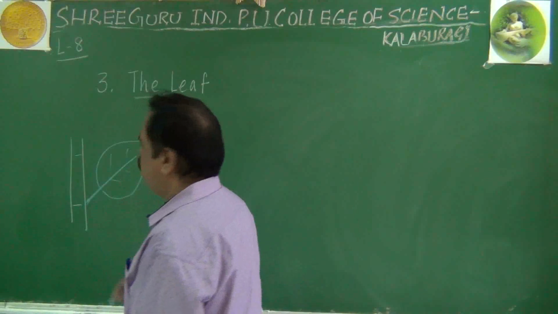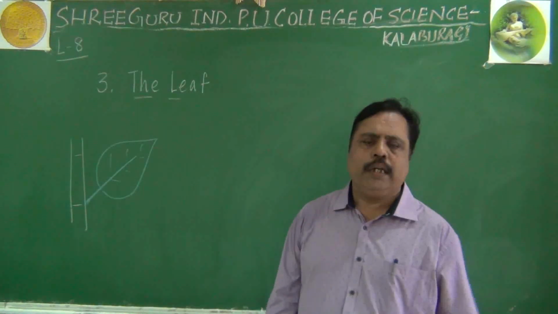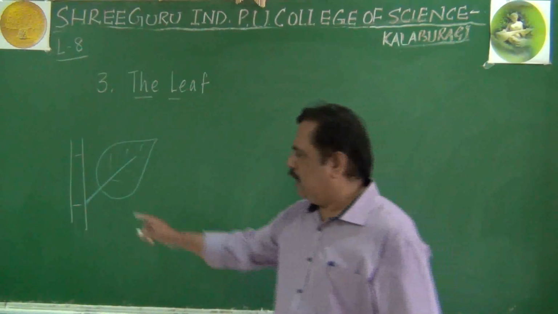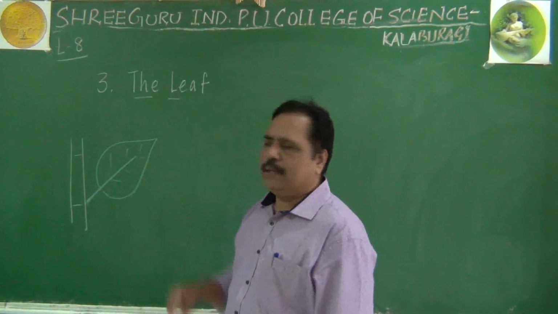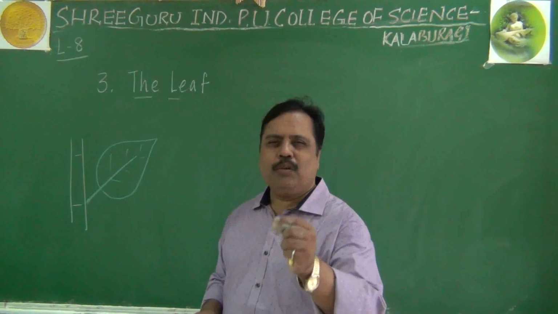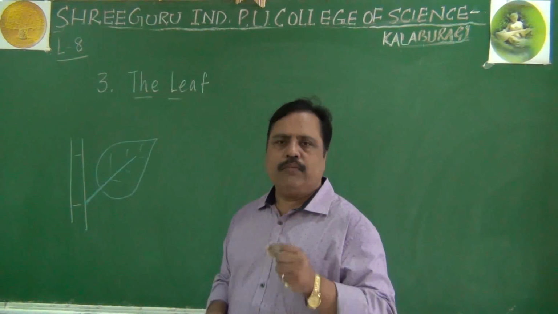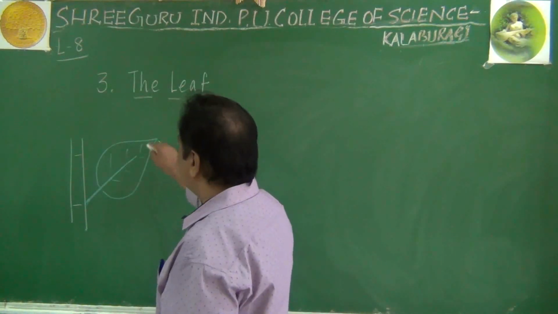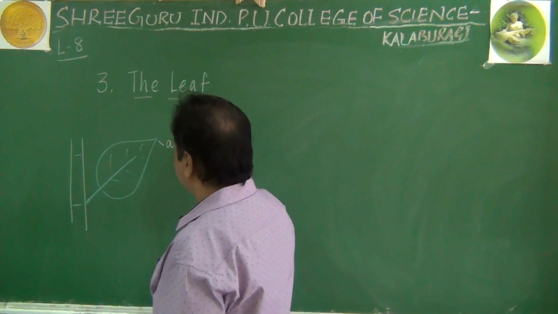Let me tell you some more points also. In addition to the major three parts of the leaf, like leaf base, petiole and lamina, there are some more additional parts also we have to learn here. The tip of the leaf is called apex of the leaf.